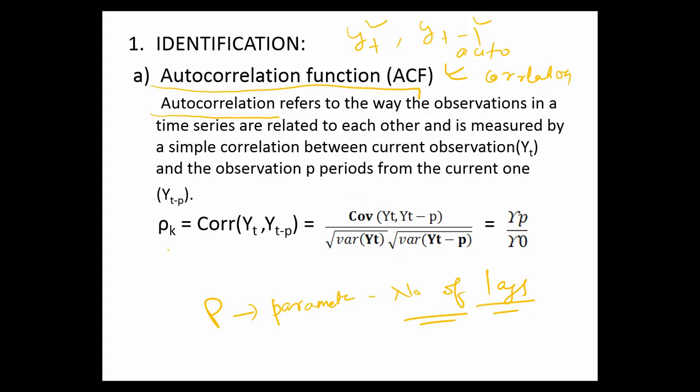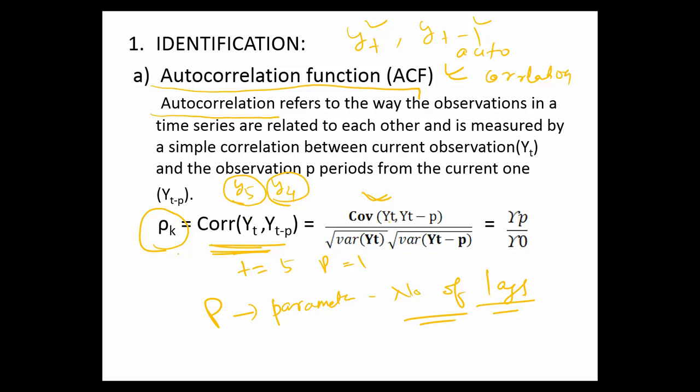We'll compute the autocorrelation value with a formula, which is the covariance of yt and yt minus p. Let's say t is equal to 5 and p is equal to 1. So what is yt? Y5. What is yt minus p? It is y4. So we'll now find the correlation between y5 and y4.